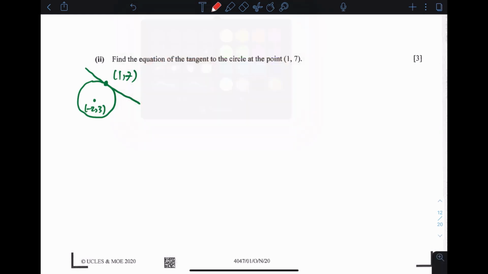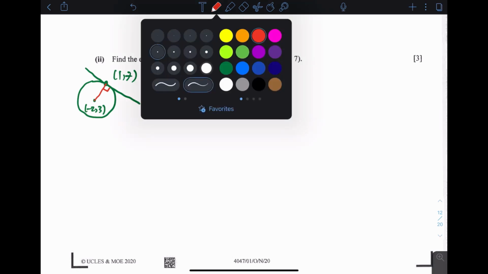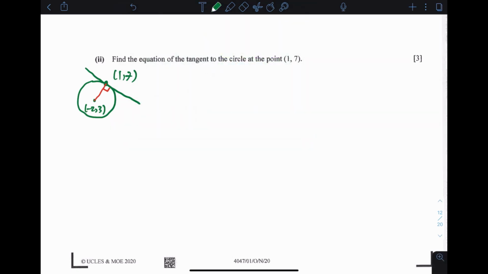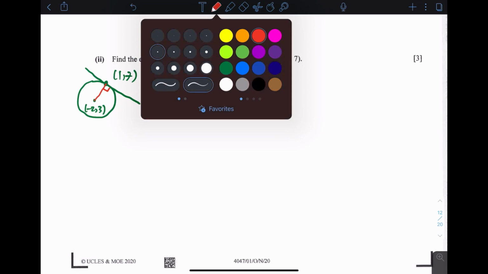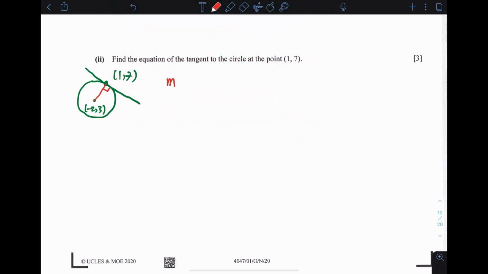Now, this kind of question here, we are going to use the properties of circle that you learn in E-maths, and that is the tangent and the line to the center of the circle are perpendicular. So first things first, I'm going to find out the gradient of the perpendicular. Let's use the red color. Gradient of the red line is 7 minus 3 divided by 1 minus negative 2, which is actually 4 divided by 3.